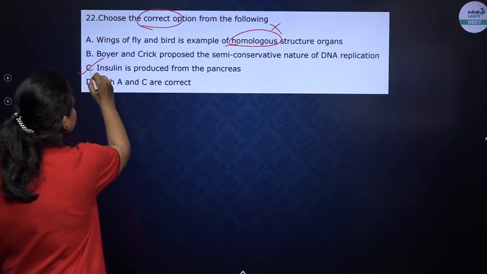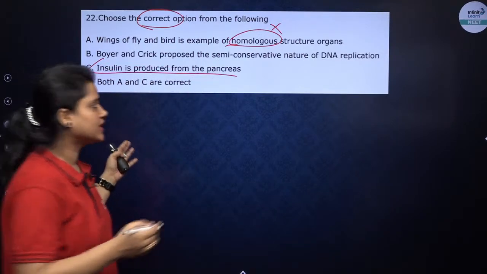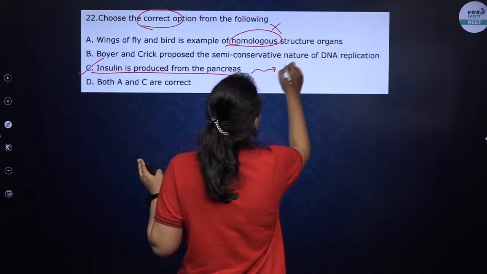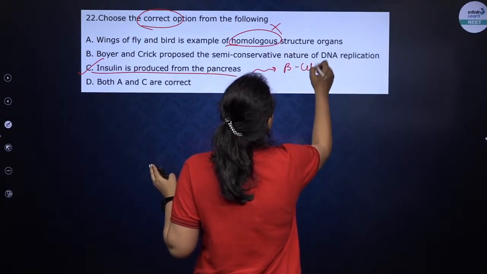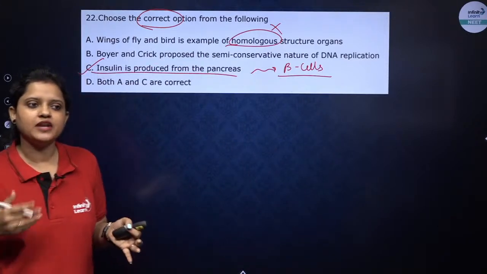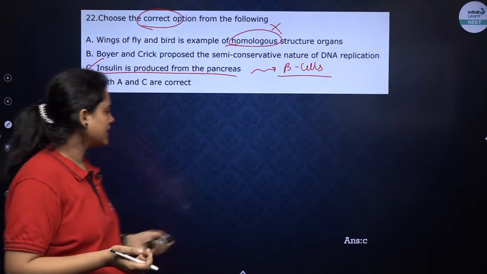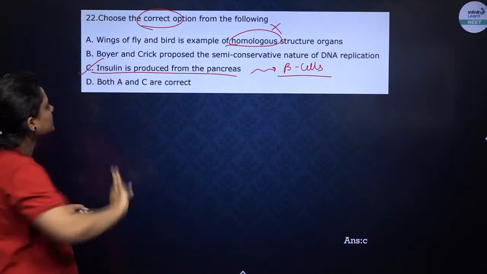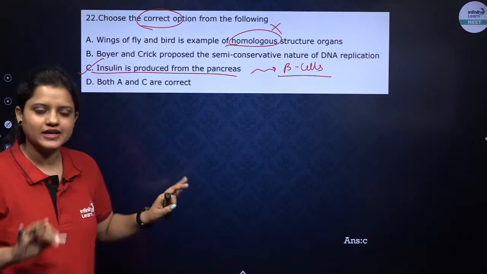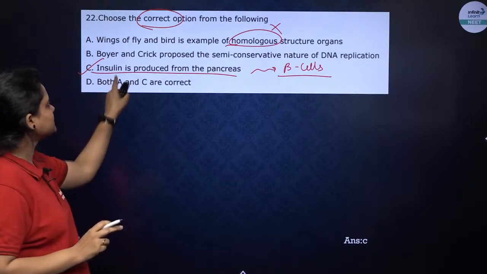Yes, insulin is produced from the pancreas, and which cells from pancreas form insulin? Beta cells of islets of Langerhans produce insulin, and insulin helps in reducing the blood sugar level. So the correct option will be C and not D, because A is wrong. A is wrong. C is correct. So D nahi hoga. Correct option will be C only.